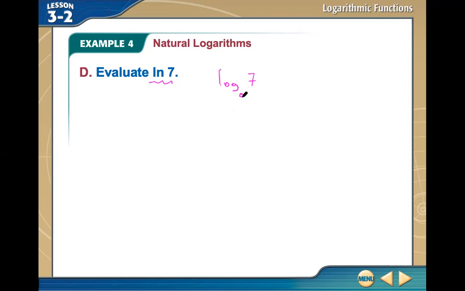So if this is 2.7, say it's 3, approximately, we are talking. 3 to the power of 2 means 9. So your function is logarithm of 7 to the base 3. So logarithm of 3 to the base 3 is 1.